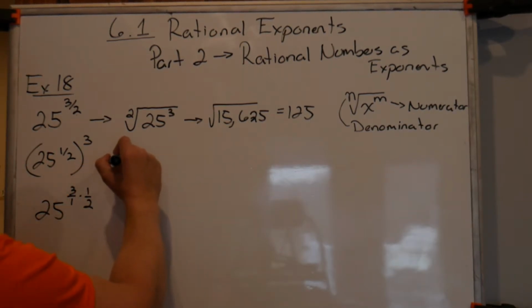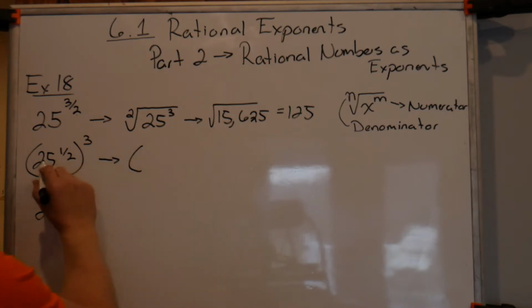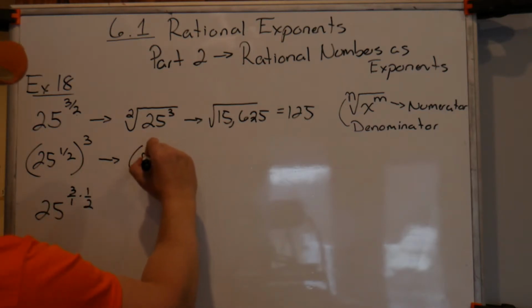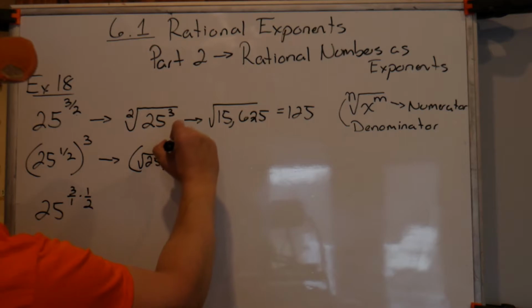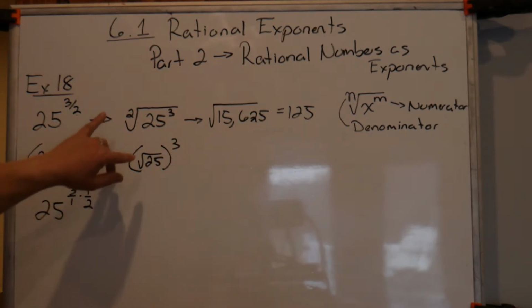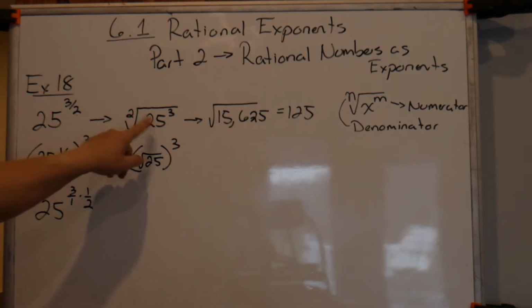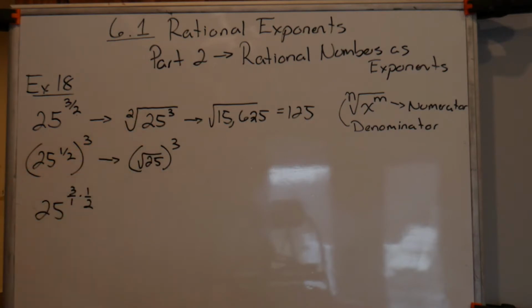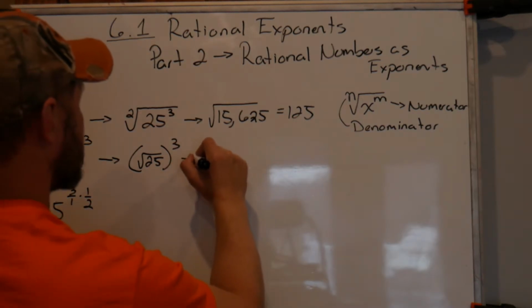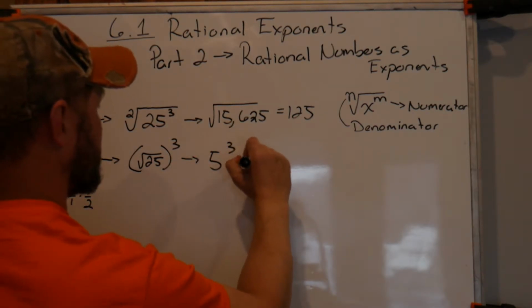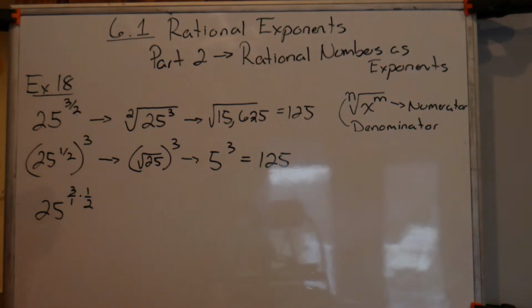When I do that, I know that 25 to the 1/2 is the square root of 25. I've really flipped the way I'm doing this. I'm taking the square root first and then I'm cubing. So 25 to the 1/2 raised to the 3rd power, or cubed, gives me 5 cubed. 5 cubed equals 125 is a much simpler way to do this.